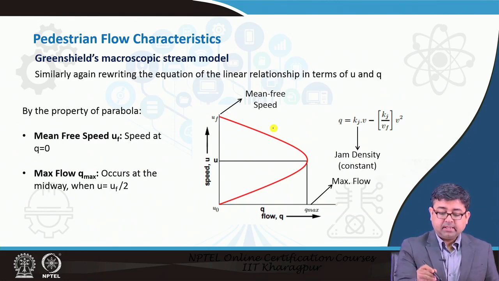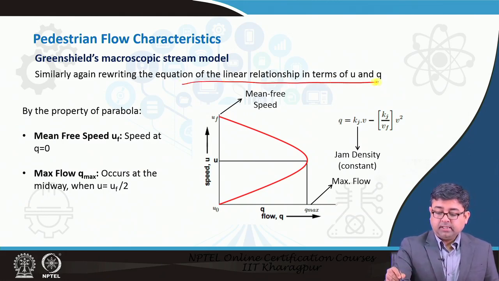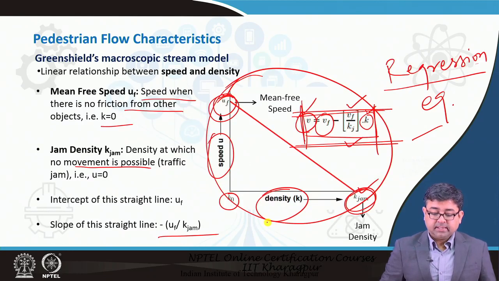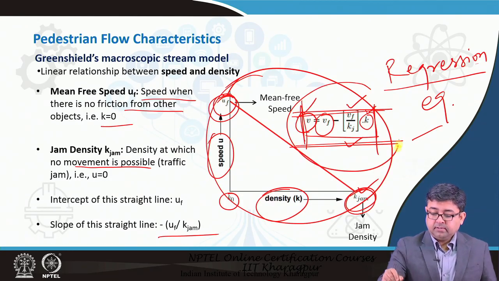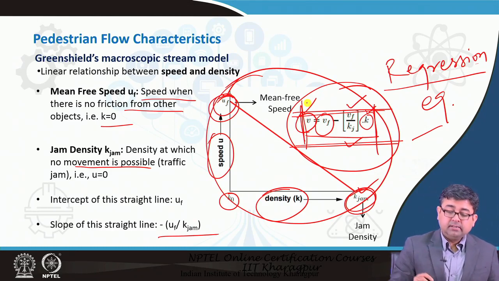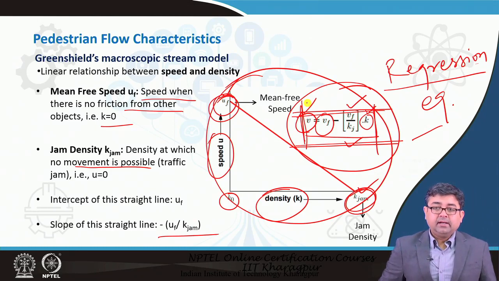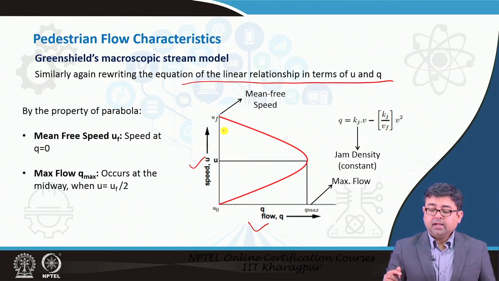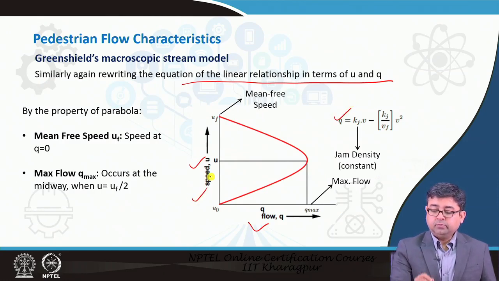Similarly, rewriting the equation in terms of u and q, you can now get the relationship between u and q. So, basically if you understand this basic equation of u and density, and knowing that q is equal to u into k, you can determine the parabolic equations of q and k as well as q and u.